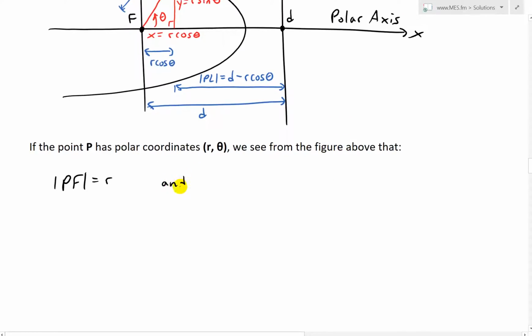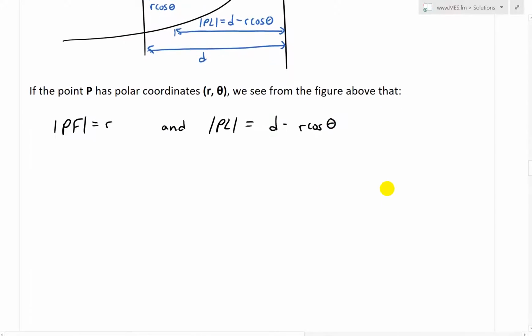So thus what we have is the condition of the theorem.